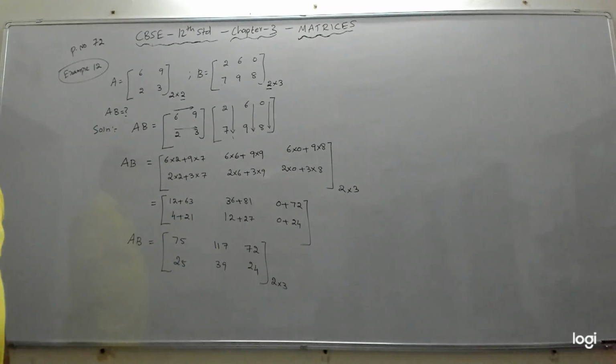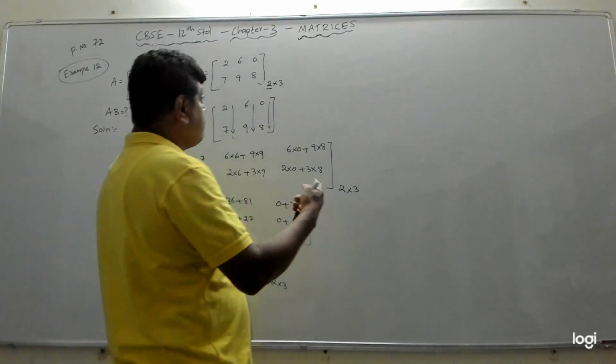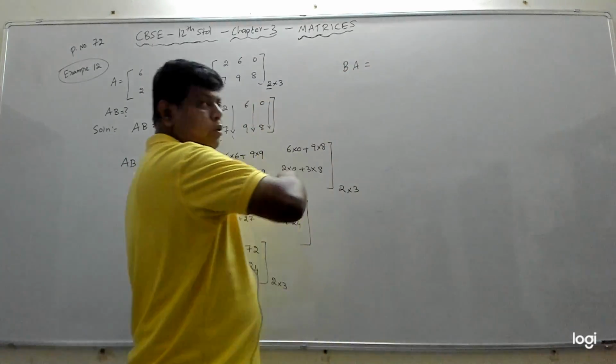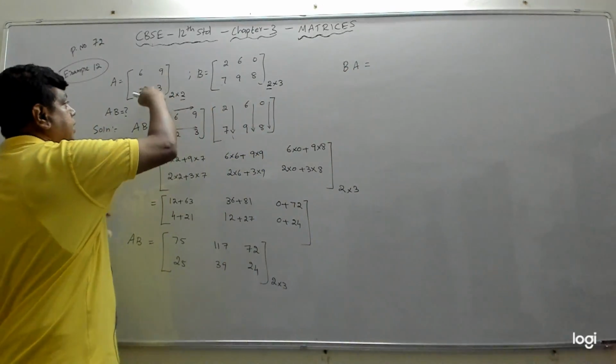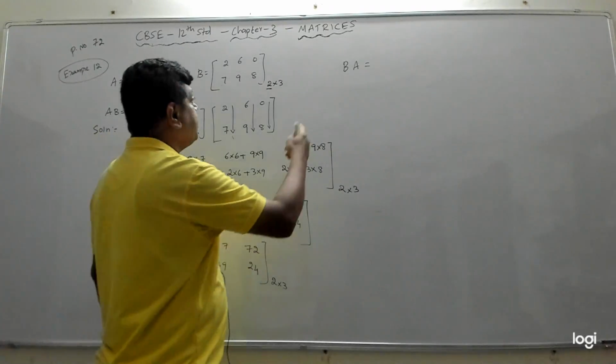So this is how we multiply A with B. A into B is this. But now the obvious question is, can we do B into A? Can I multiply matrix B with A?